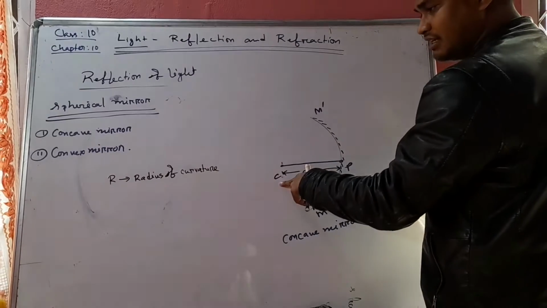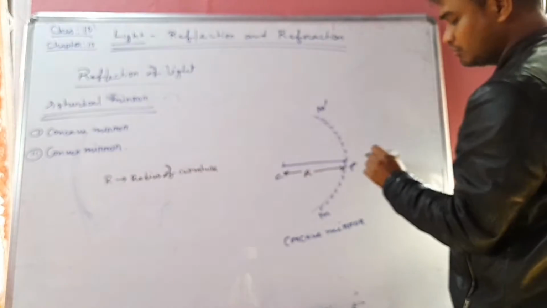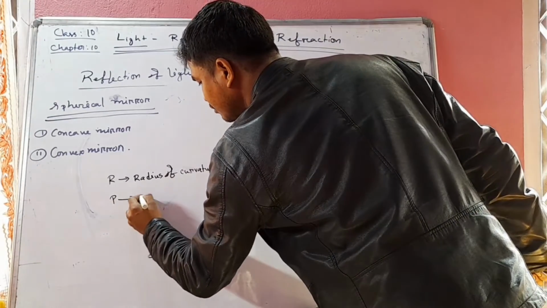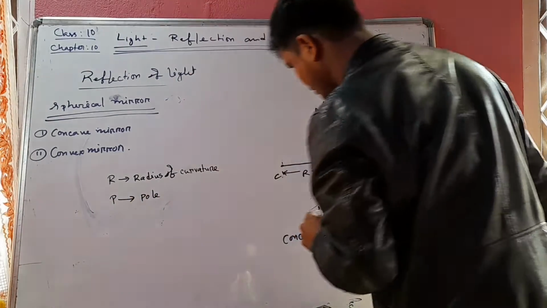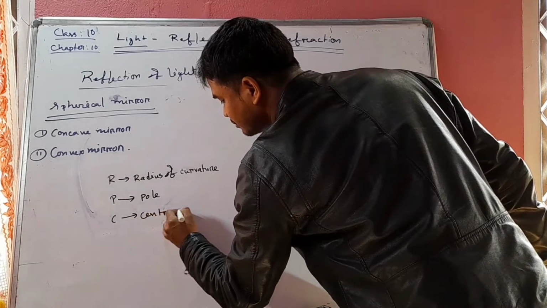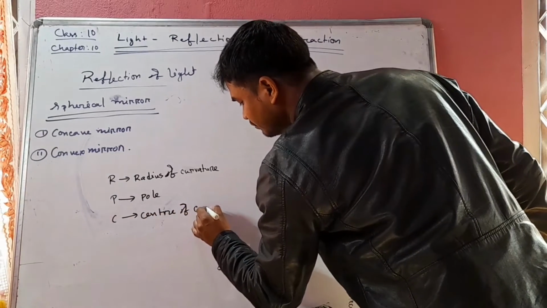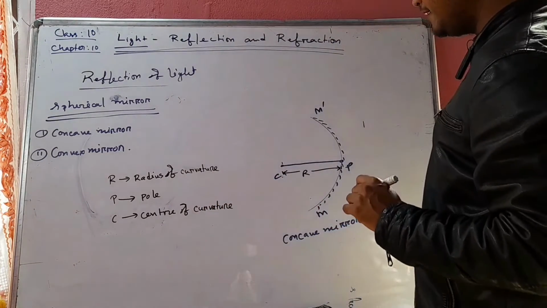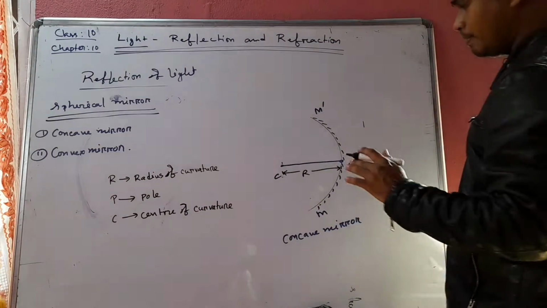C is the center of curvature. P is the pole. Clear?